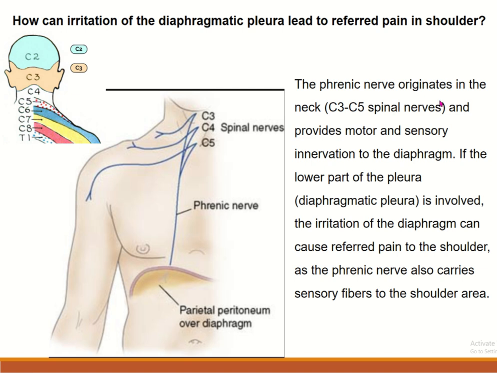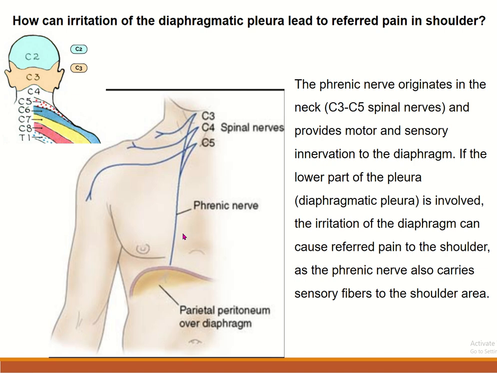The phrenic nerve originates in the neck, in cervical 3, 4, 5, and it is a mixed nerve, having both motor and sensory parts. It supplies the mediastinal pleura and central part of the diaphragmatic pleura.